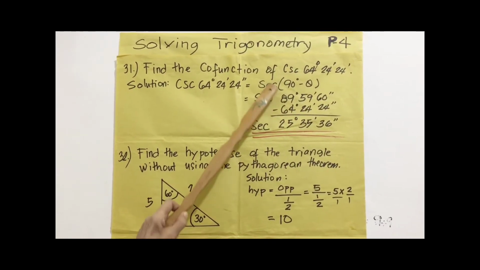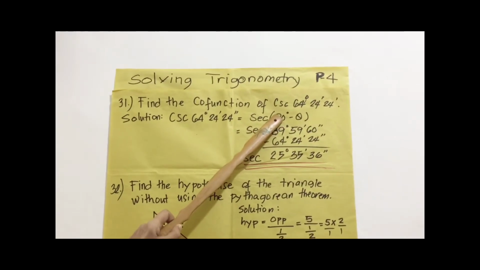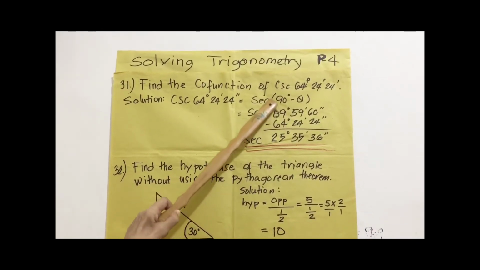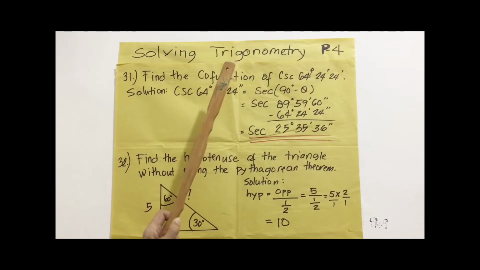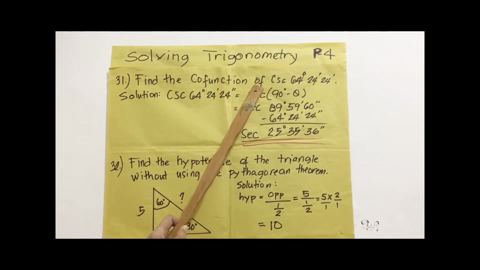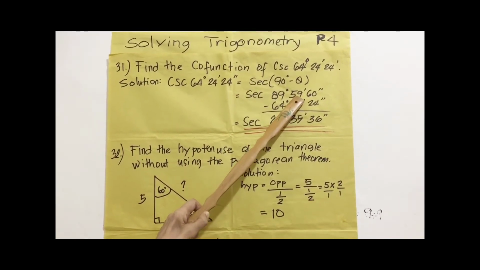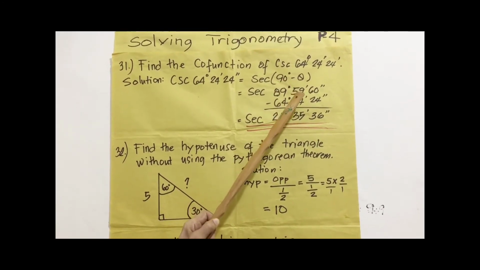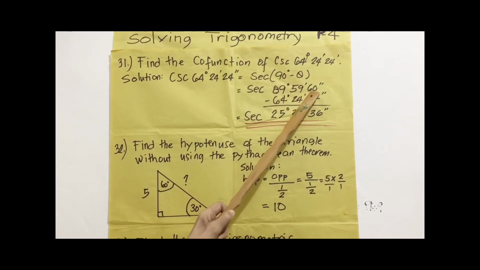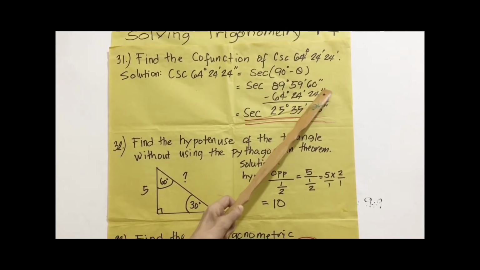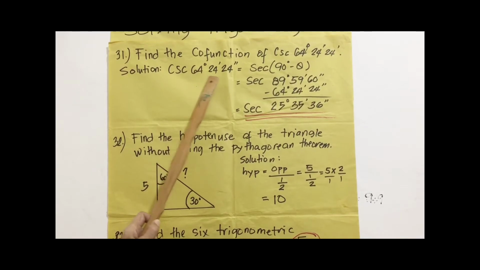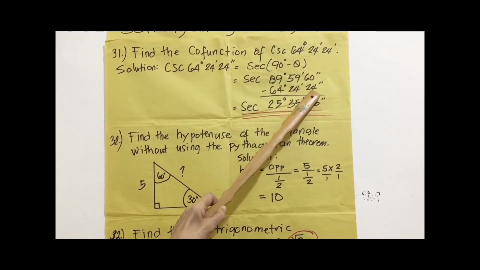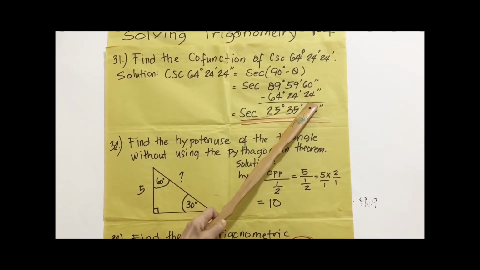Why? Because we borrow 1 degree from 90 degrees, so it becomes 89 degrees, and the borrowed 1 becomes 59 minutes, because we borrow another 1 minute, and it becomes 60 seconds. Then we subtract the given 64 degrees, 24 minutes and 24 seconds.